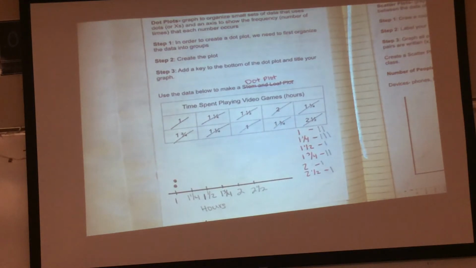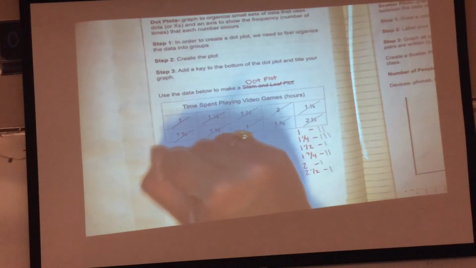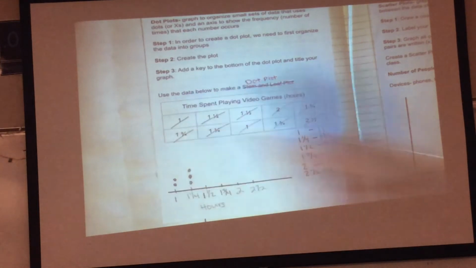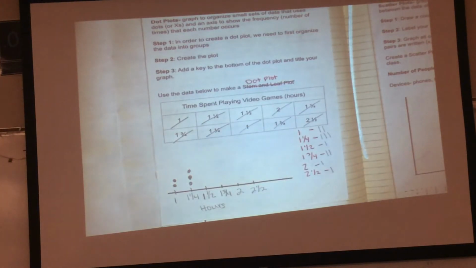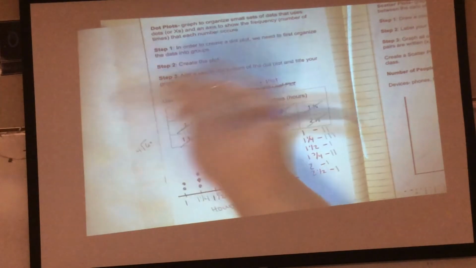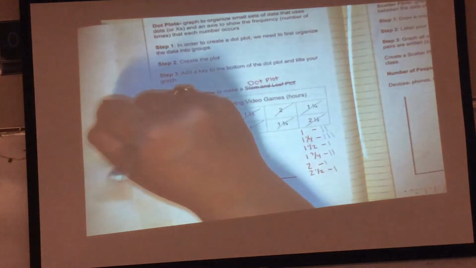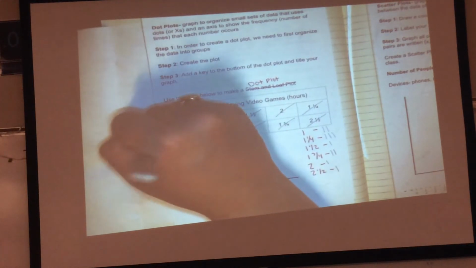How many people spent 1 1/4 hours playing? 3. Okay. Wouldn't that be 1 hour and 45 minutes? Well, let's see. How many minutes are in an hour? 60. But it's 60 divided by 4. How many times does 4 go into 6? 1 time. 1 times 4 is 4.